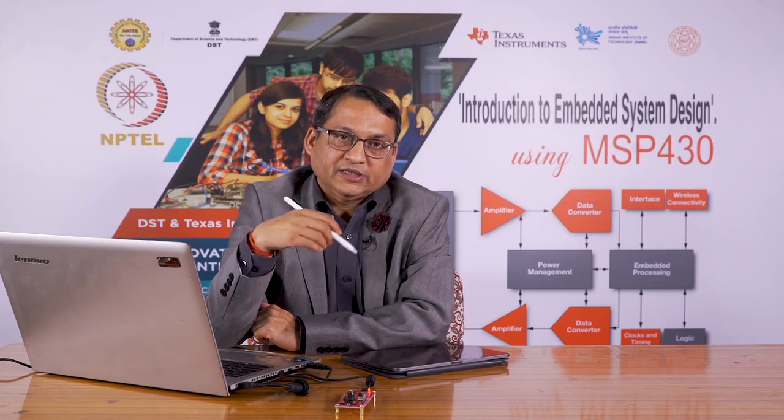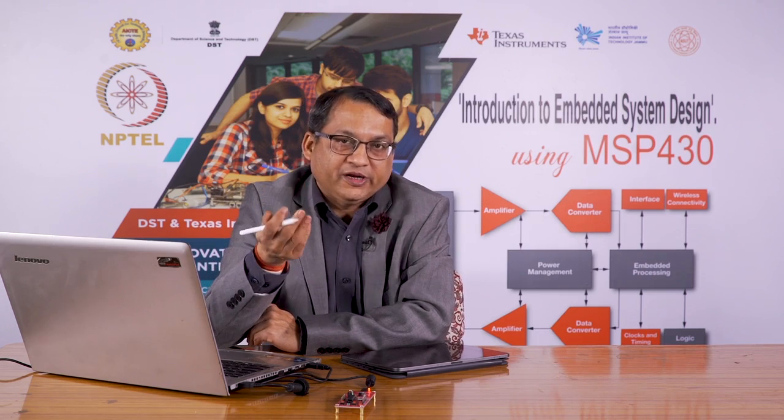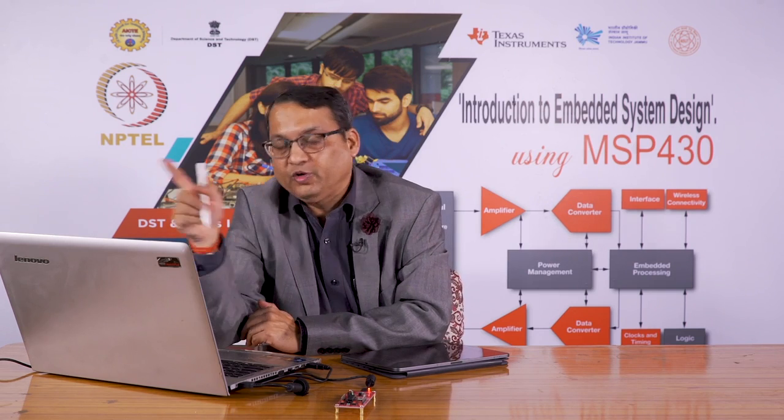In this case it is P1.7, and then since we want it as an output, we write appropriate values on the output register, that is P1OUT on bit 7, because we do not want to affect the output pins of other bits. So, we only isolate P1.7 and write whether we want to write a 0, it will turn the LED off. If we write a 1, it will turn the LED on, and that is the first part of this exercise.